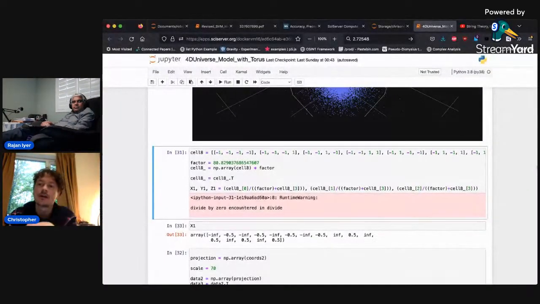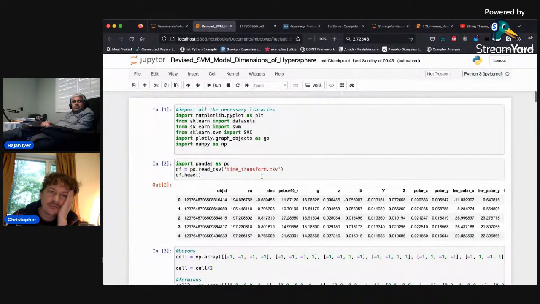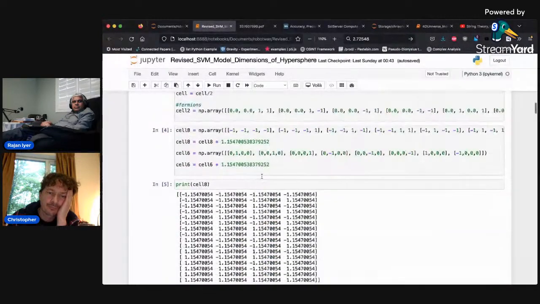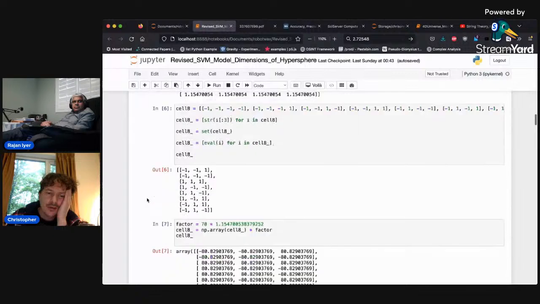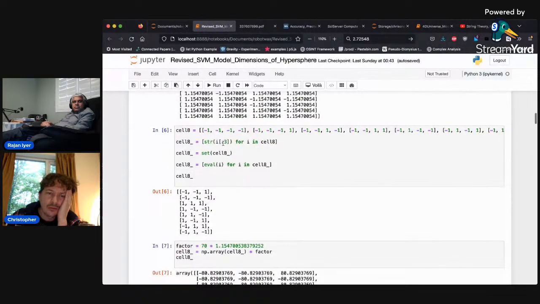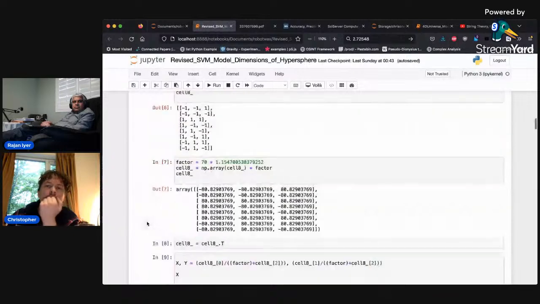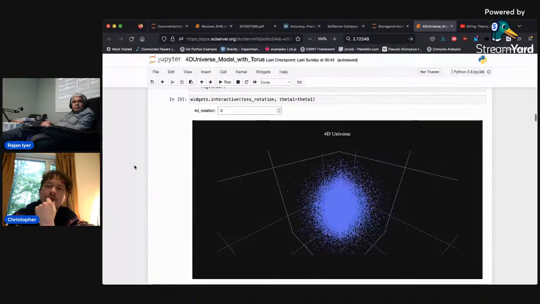All right. So last week we were looking at this revised support vector machine model, dimensions of the hypersphere. I think you recall. I did my best to go over this, and it was a bit difficult, to be quite honest with you.